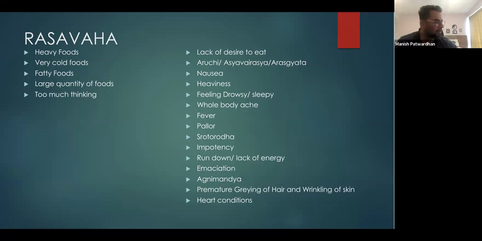Warm water will basically do two, three things. One is warm water will digest the ama. Secondly, warm water will not reduce the agni, so it is not going to impact the ama condition in the body. So in spite of drinking, you are not going to increase ama in the body. Third is that when you are drinking warm water, the quantity of water consumption will also reduce.